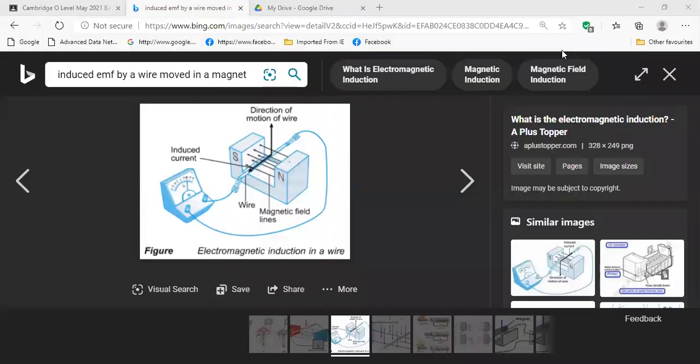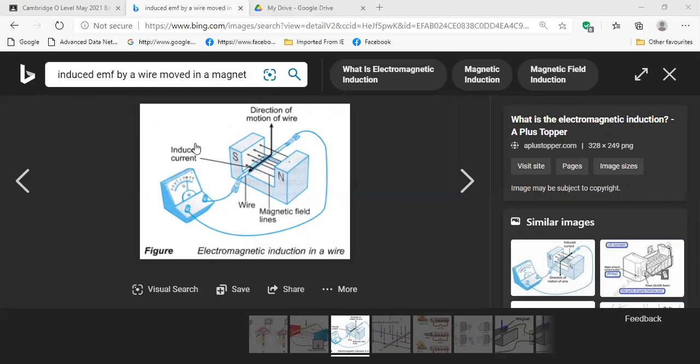Okay. Now you see. First understand, then you write. Look, we have a magnet here, right? The magnet is showing you the magnetic field lines, north to south.